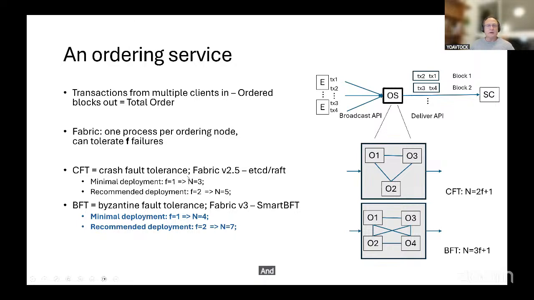The minimal deployment tolerates one failure and needs 3 nodes, and the recommended deployment is 5 nodes and can tolerate two failures. This is depicted here in the picture to the right. The second flavor is BFT, Byzantine Fault Tolerance, in Fabric v3. It's based on a library called Smart BFT. Again, the minimal deployment here is 4 nodes, and it tolerates one failure.